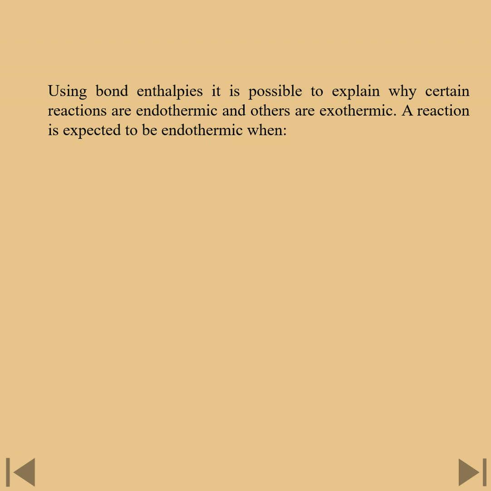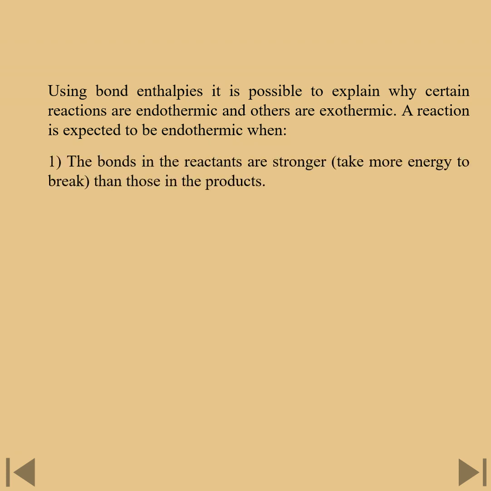Okay, now we can actually use these bond enthalpies to give us some explanation as to why some reactions are endothermic or exothermic. Now let's look at some reasons or some explanations as to why a reaction might be expected to be exothermic. First, we might expect that the bonds in the reactants are stronger than the bonds in the products.